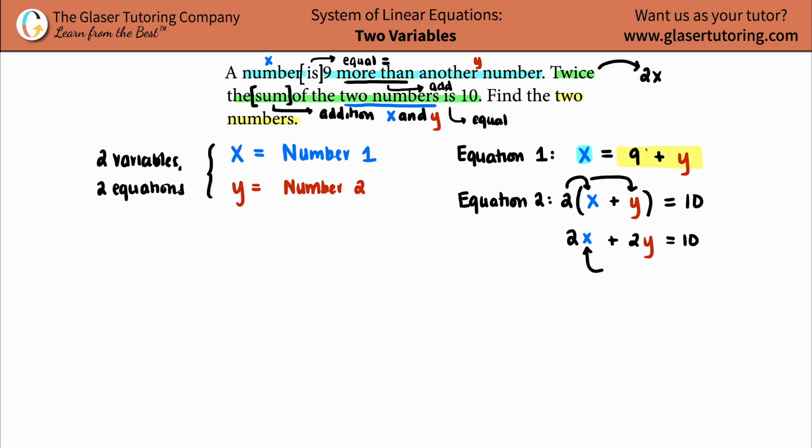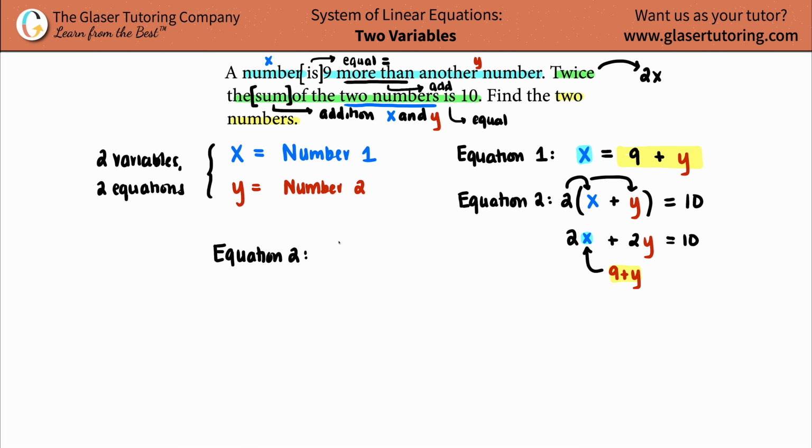Oh, x was 9 plus y. So I can substitute in 9 plus y into the x value. And that's exactly what I'm going to do. If you're substituting, that's the method you're going into. So we're going to be using equation 2, and we're going to substitute in equation 1.